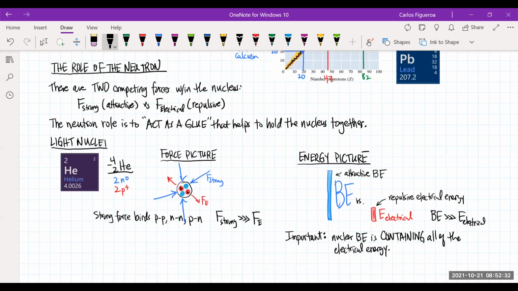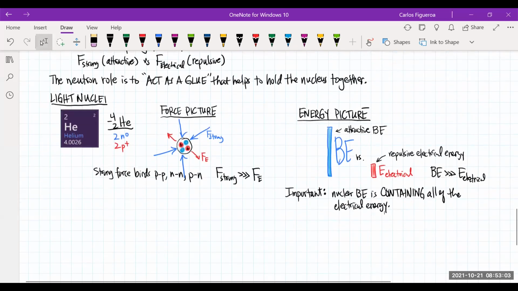So there's a lot of electrical energy in the nucleus, but because the nuclear binding energy is so much stronger, it's keeping it in check. It's containing it. It's almost like you have, I don't know, a balloon. A balloon has pressure inside. And as you pump up the balloon, it has to work harder. And that's what that nuclear binding energy is really doing.